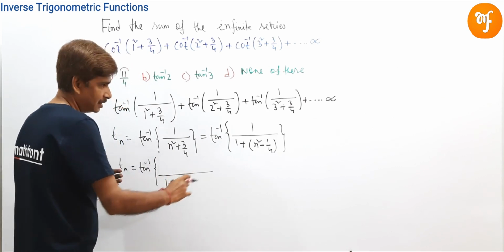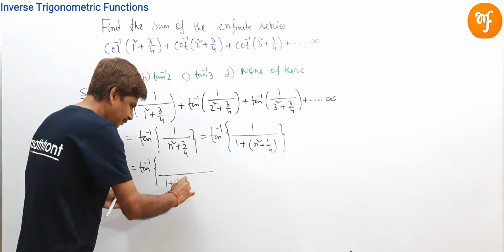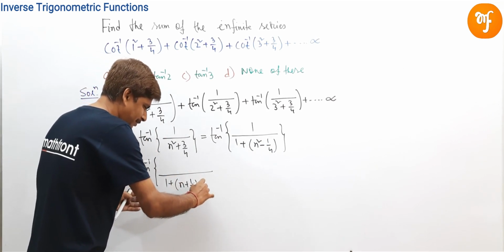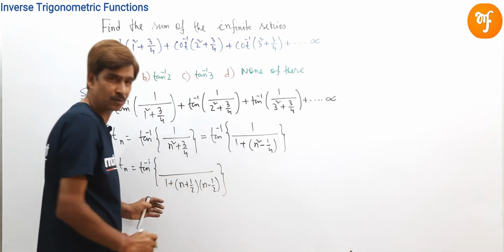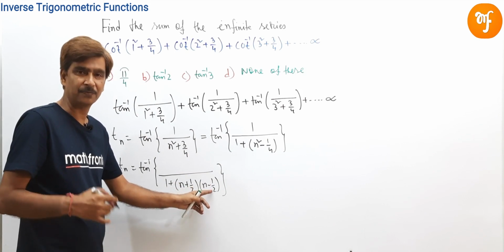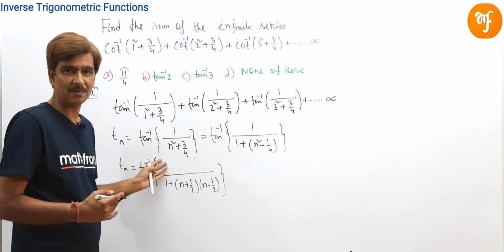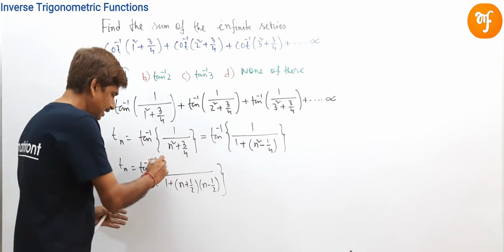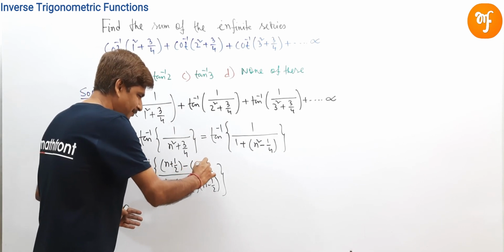Okay, so obviously now Tn can be written as tan inverse of 1 plus n square minus 1 by 4, which can be factorized in the form of n plus half into n minus half. Okay, and it is clear to us this 1 plus n plus half into n minus half is of the form of 1 plus x into y. So the numerator must be in the form of x minus y, that is n plus half minus n minus half.